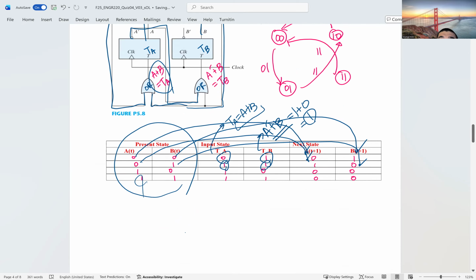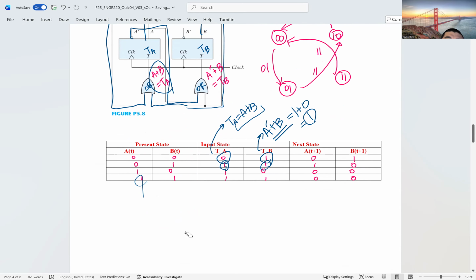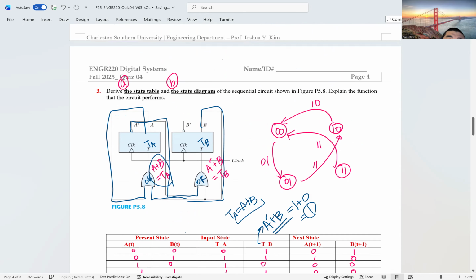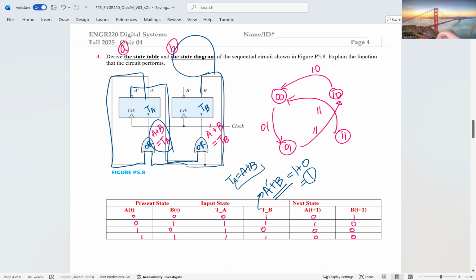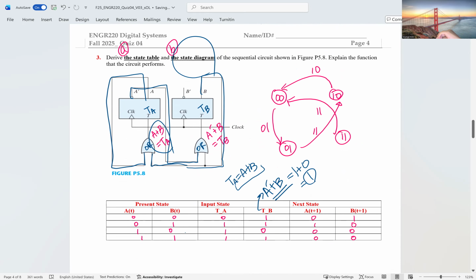So you can fill out this one. And then after that you can draw the state diagram, because from the question you have to draw a state diagram, meaning the present state and the next state.